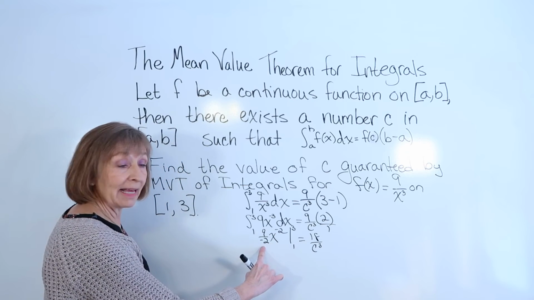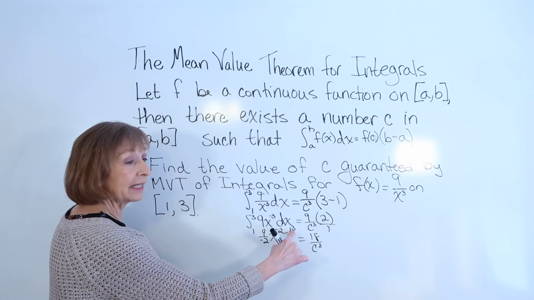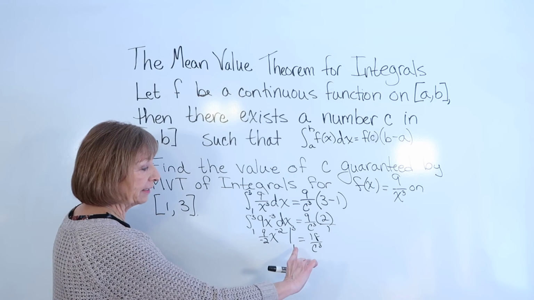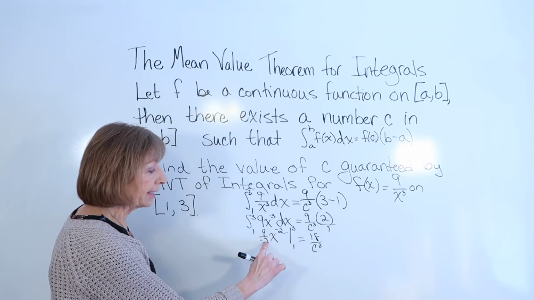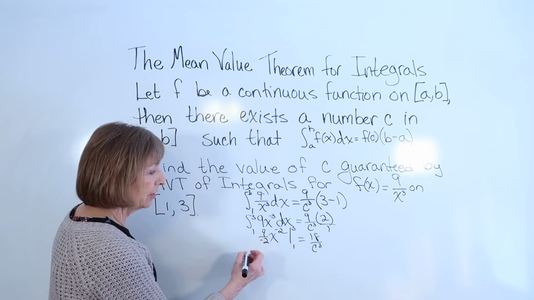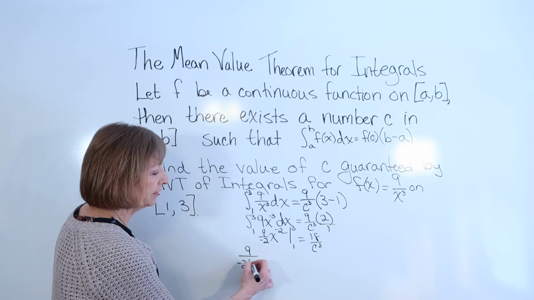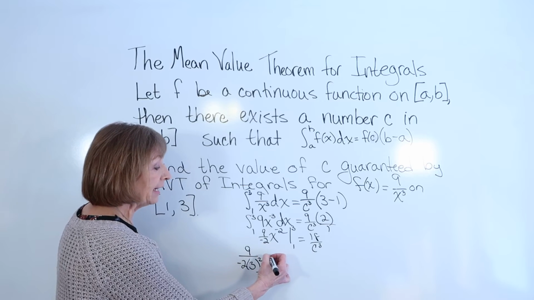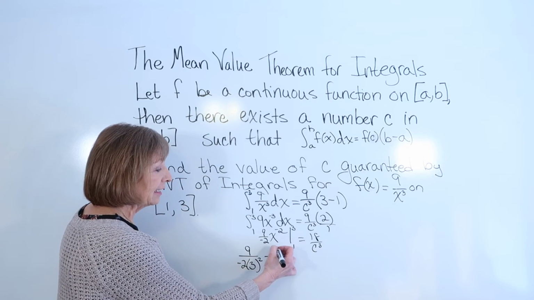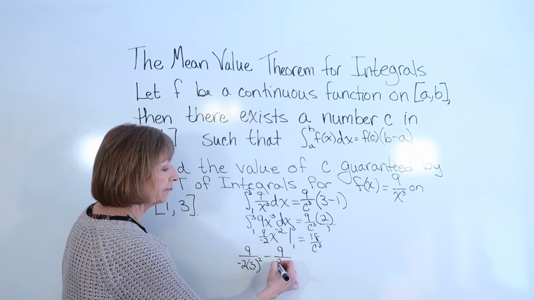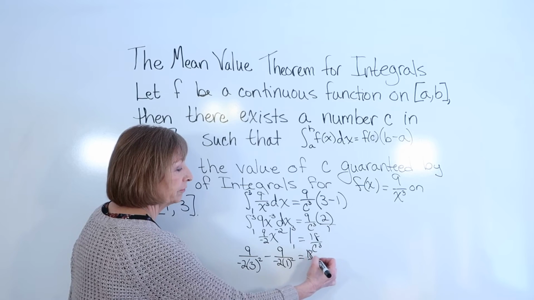Now we're going to put that x to the negative 2 back down in the denominator, plug in the top number, minus plug in the bottom number. So think of this as 9 over negative 2x squared down in the denominator. So it'll be 9 over negative 2 times 3 squared minus, for the Fundamental Theorem of Calculus, 9 over negative 2 times 1 squared is equal to 18 over c cubed.